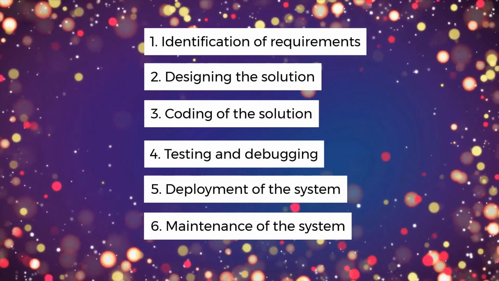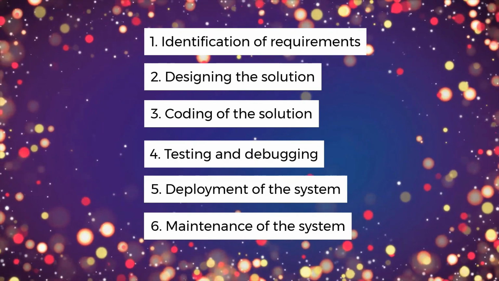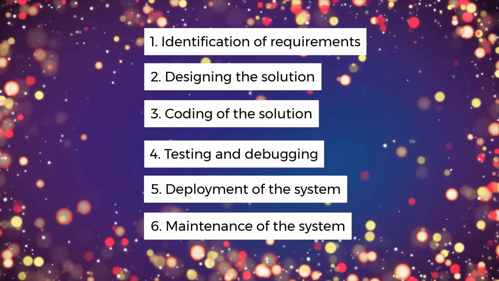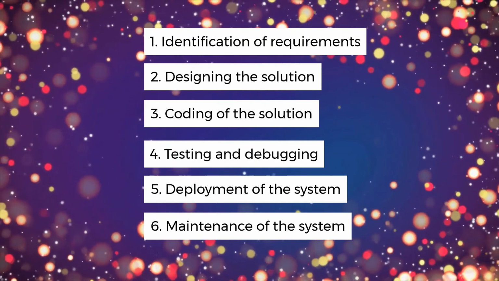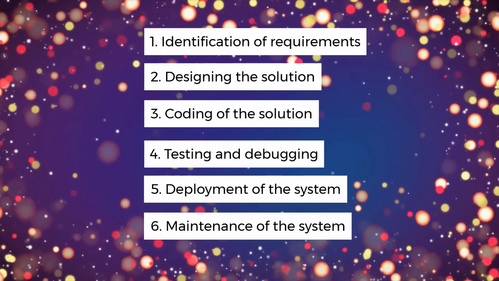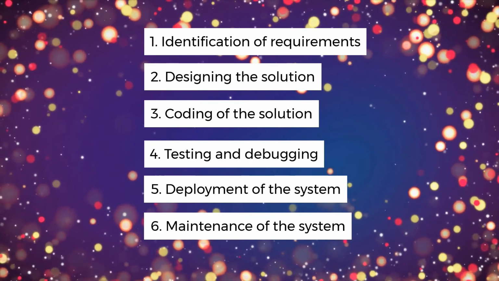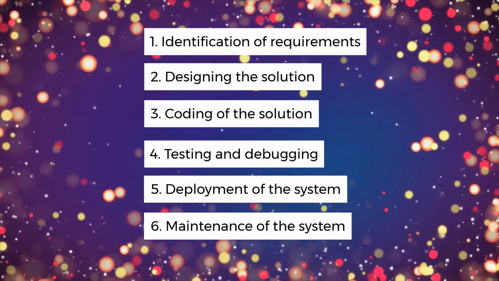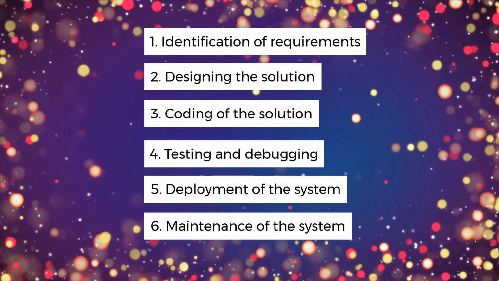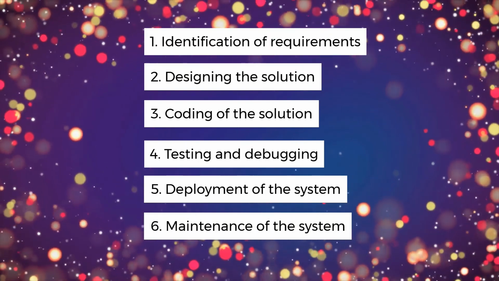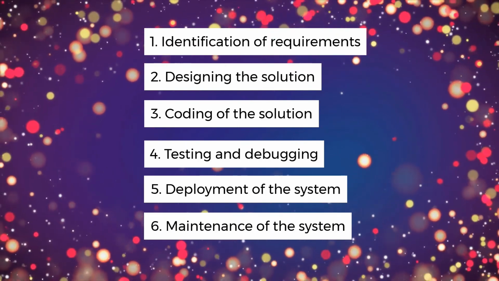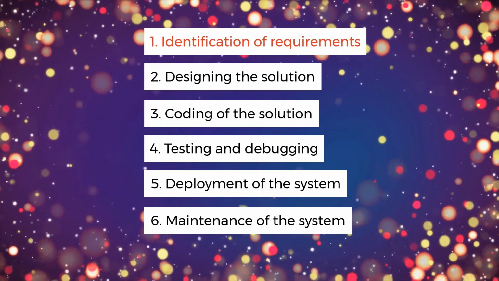Identification of requirements. Number 2. Designing the solution. Number 3. Coding of the solution. Number 4. Testing and debugging. Number 5. Deployment of the system. And number 6. Maintenance of the system.